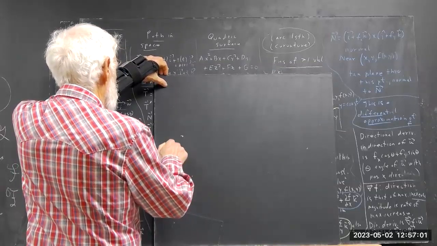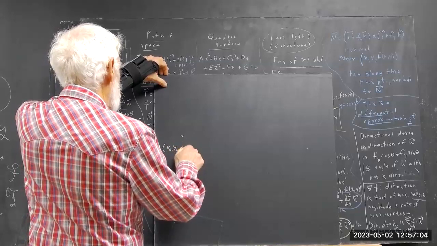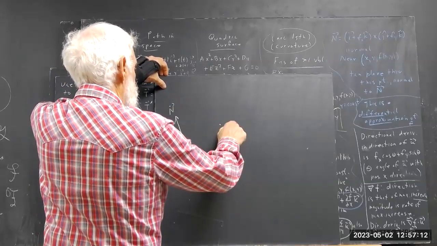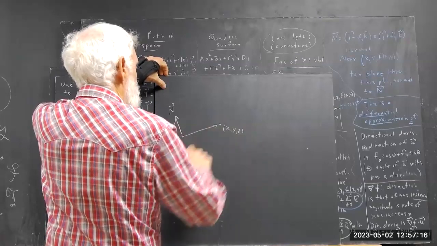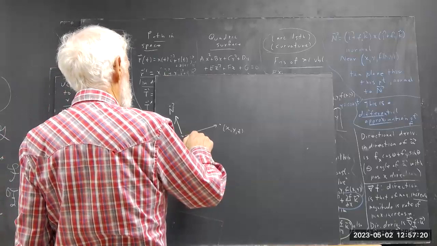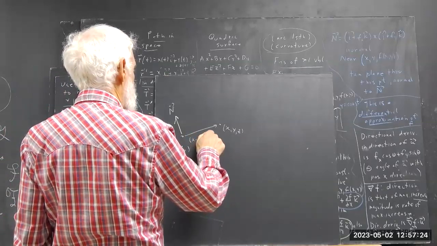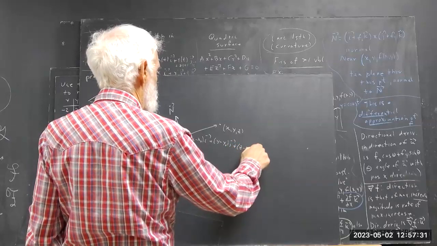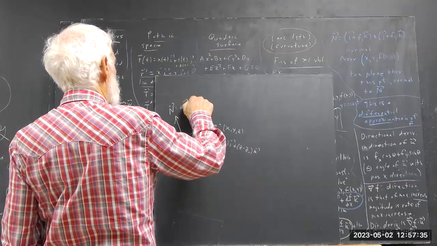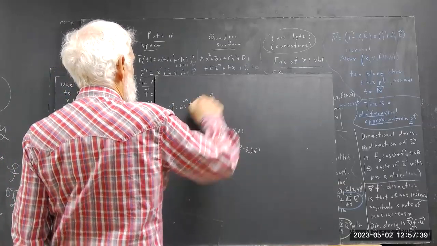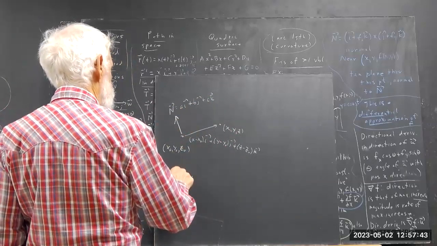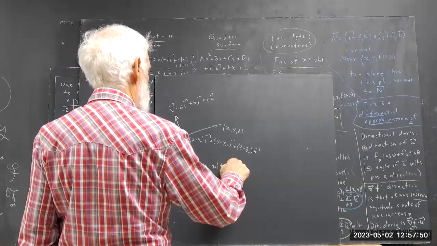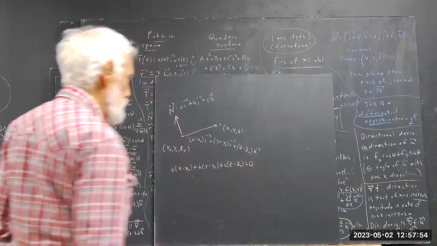Okay, so the picture here is X naught, Y naught, Z naught, and X, Y, Z. This vector, this vector, dot product, is 0.